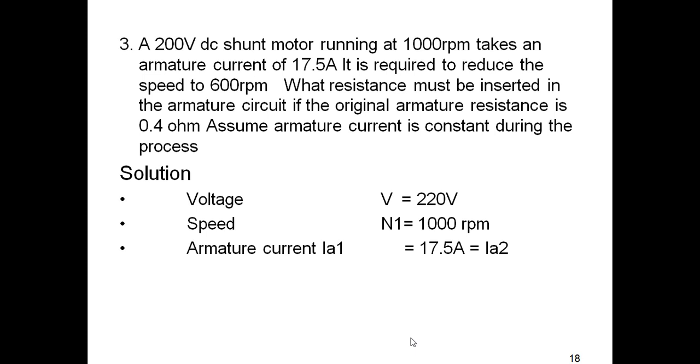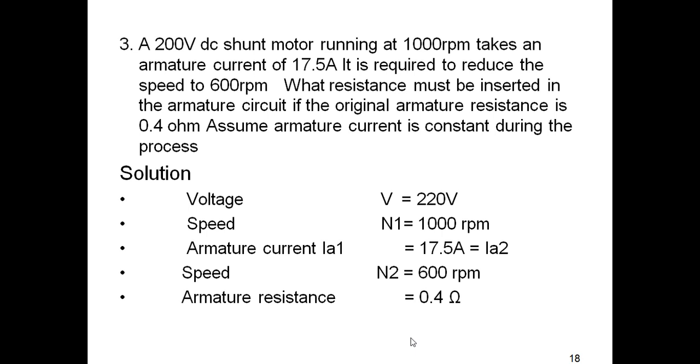And the second speed, that is N2, is given as 600 RPM. And the armature resistance is given as 0.4 ohms. And we have to find the additional inserted resistance. And here we know the formula for back EMF, that is EB is equal to V minus IaRa.